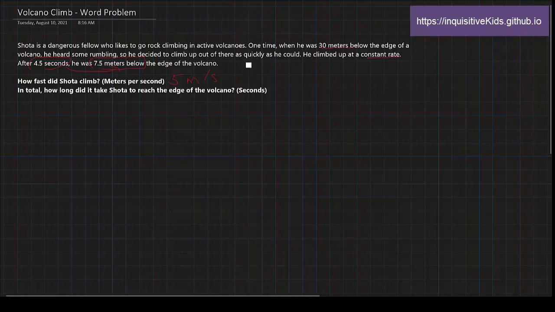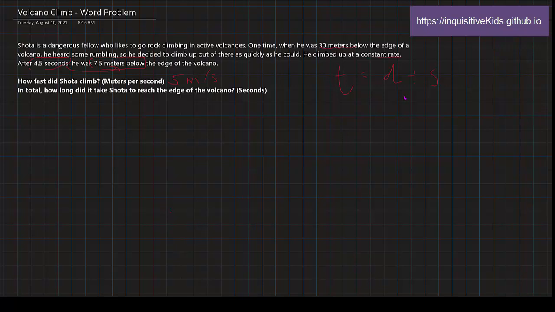How can we solve this problem? It's asking how long it took Shota to reach the edge of the volcano. How can we find the time? Time is equal to distance divided by speed, so all we have to do is use this equation.